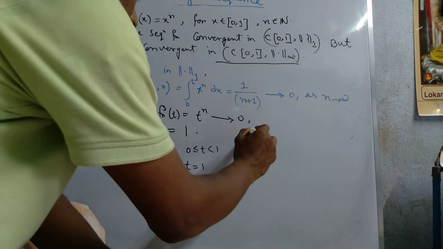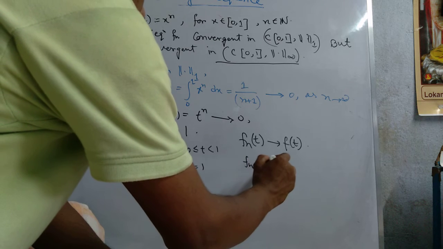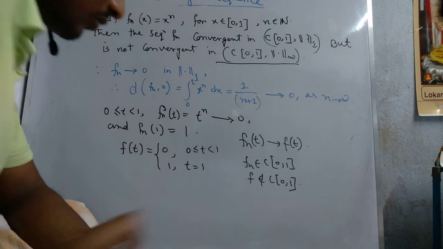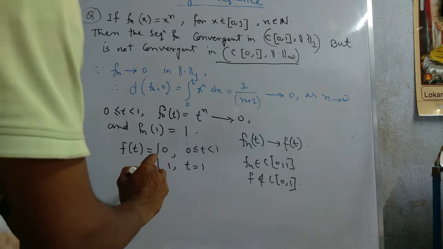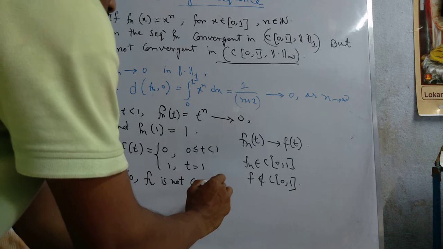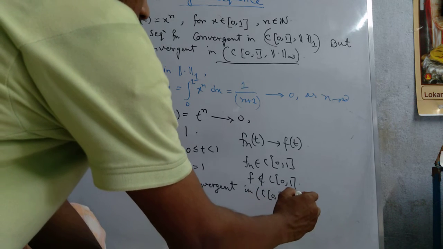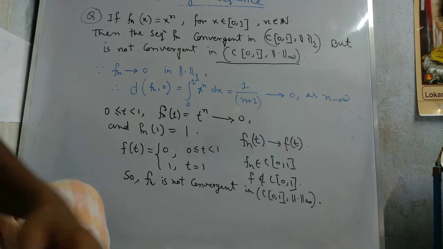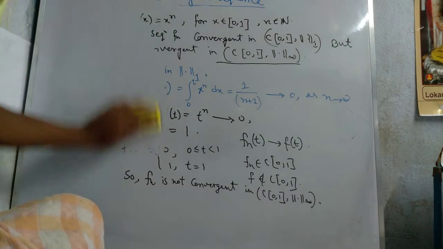Then fn(t) converges to f. But fn belongs to C[0,1] and f does not belong to C[0,1], so fn is not convergent in C[0,1]. Okay. Now we go to another problem.